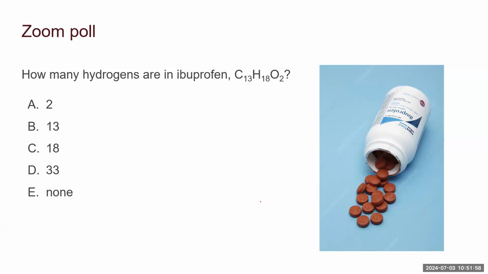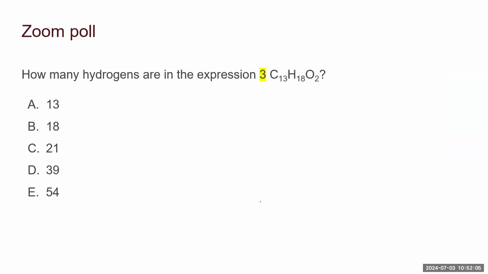I like to throw some low-hanging fruit out there, but then the next is going to be a little bit more challenging. How many hydrogens are there in the expression 3 times the molecule? We have a coefficient out in front, implying that there are 3 of this particular molecule. 18 times 3 is 54. You're absolutely right.